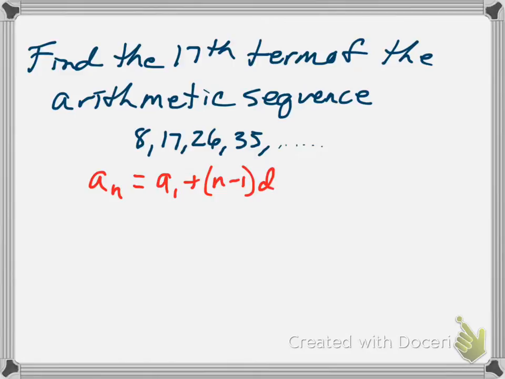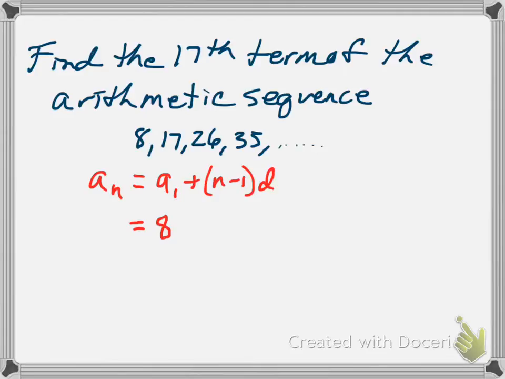I want to find the 17th term. So basically, I'm looking for the last term of the sequence. The 17th term is the last one we care about anyway. So my variable is going to be a sub n. I need to fill in values for a sub 1, n, and d. So using my recursive formula, I fill in 8 for a sub 1, because that's the first term.